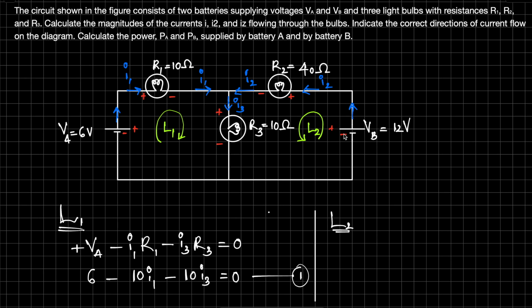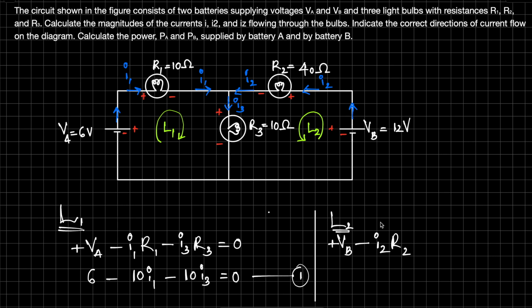So we're going from minus to plus, which is an increase. So minus to plus is plus VB. We're going this way. Plus to minus is minus voltage here, I2 R2.